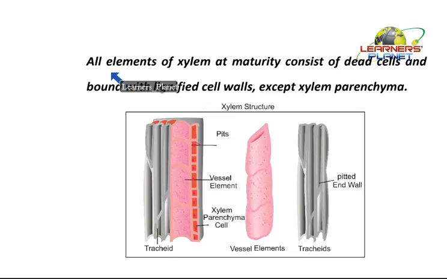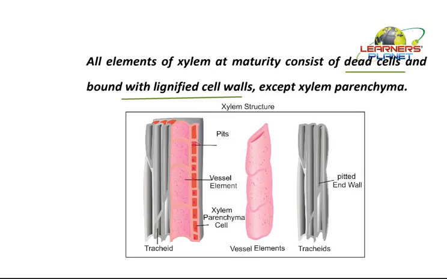So if we observe the different elements now, we can say that these elements of xylem at maturity consist of dead cells. The major part of the xylem tissue is comprised of dead cells, and they are bound with lignified cell walls. Generally these dead cells show the deposition of lignin in their cell wall.